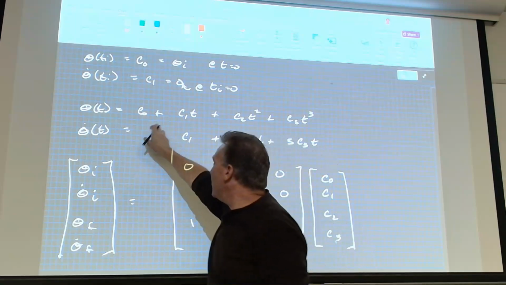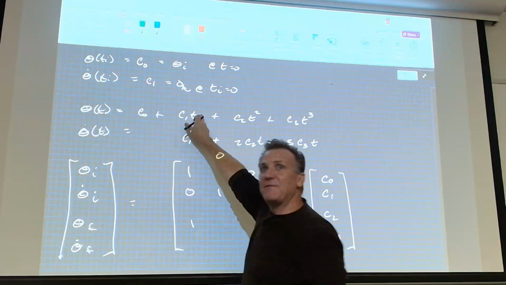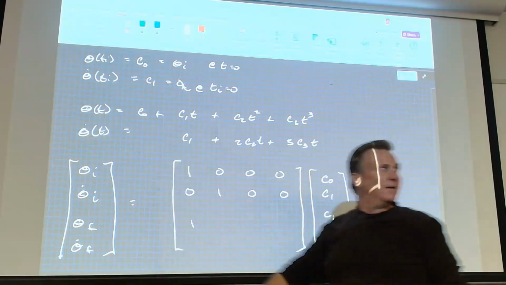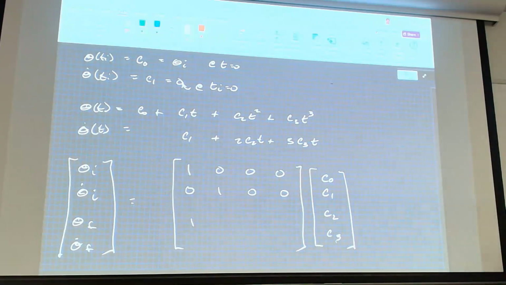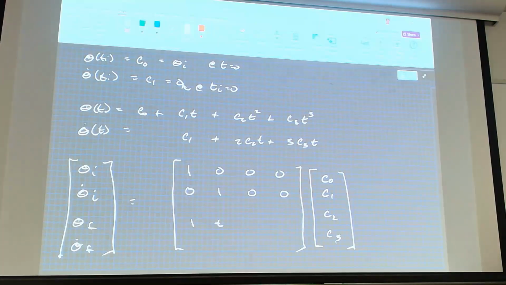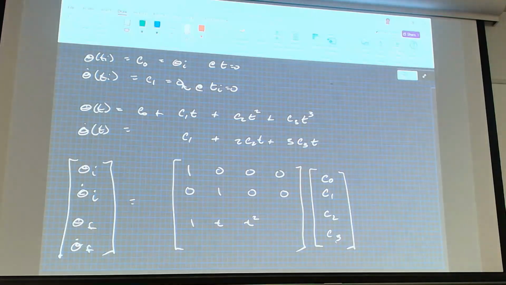I have T's. Oh, T. Right. How many C2s do I have? T squared. How many C3s do I have? T cubed. TF cubed, in fact, right? So this is final. At final, I have that much in front of me.